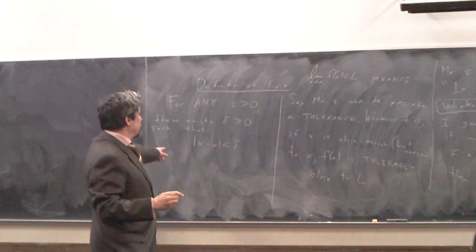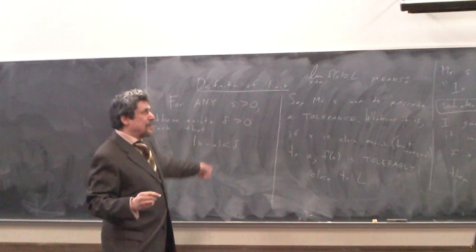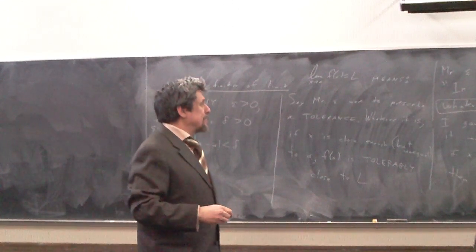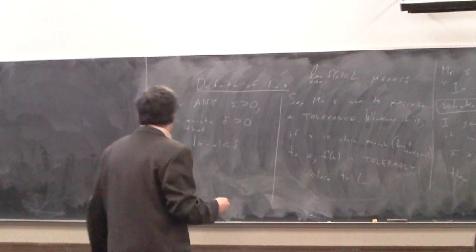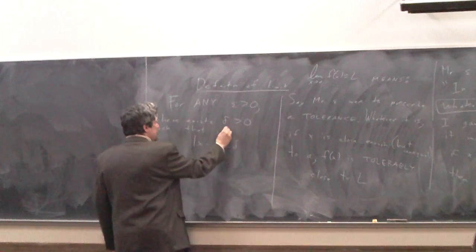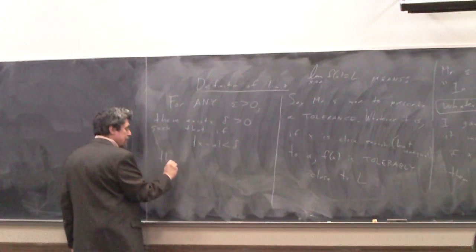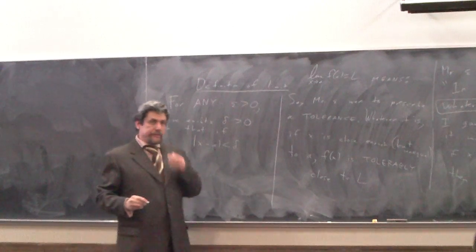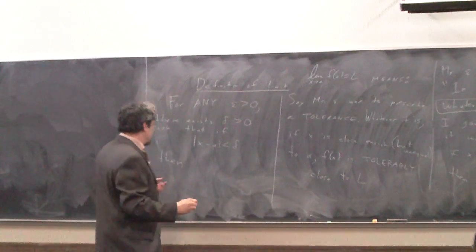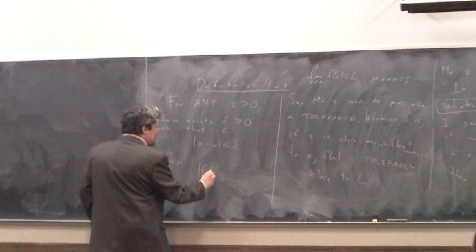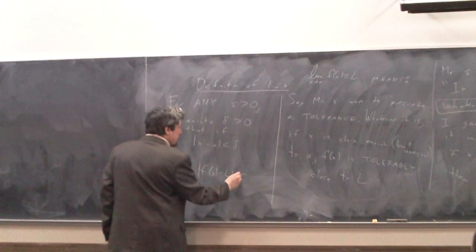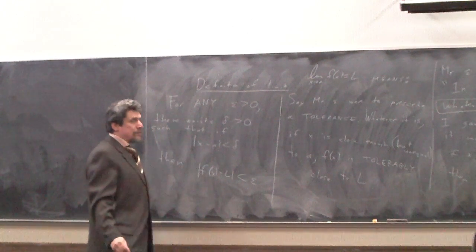If the absolute value of x minus a is less than delta, then what? The absolute value of f of x minus L is less than epsilon.